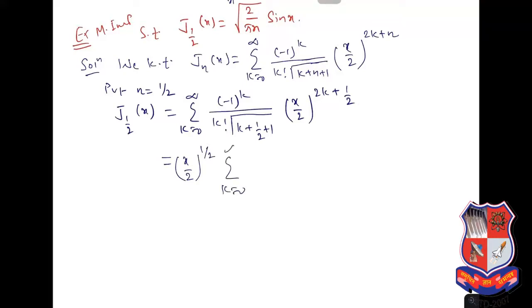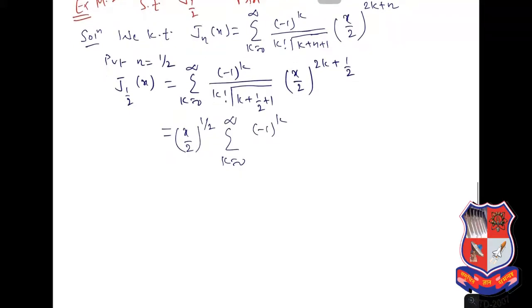So this is x by 2 power 1 by 2, series k equal to 0 to infinity, minus 1 power k over k factorial, and this is gamma k plus 3 by 2 and x by 2 power 2k.